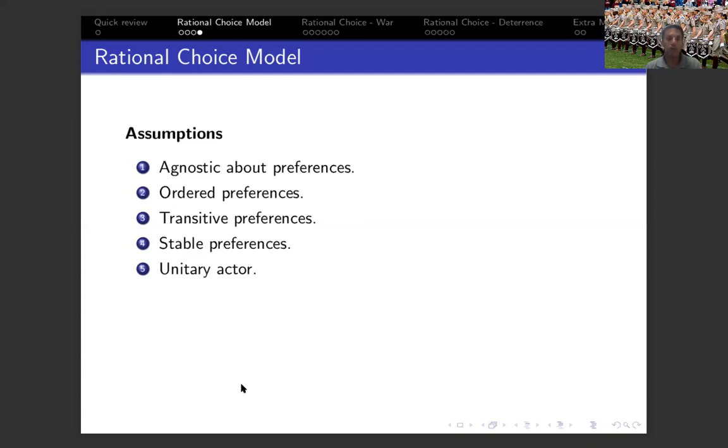In this case, let's call it preference B, rather than preference C, which in this case is the least preferred outcome, or getting nothing. So you're trying to accomplish the most preferred outcome, but you also accept a less preferred outcome rather than accepting nothing. That's the idea of this assumption.